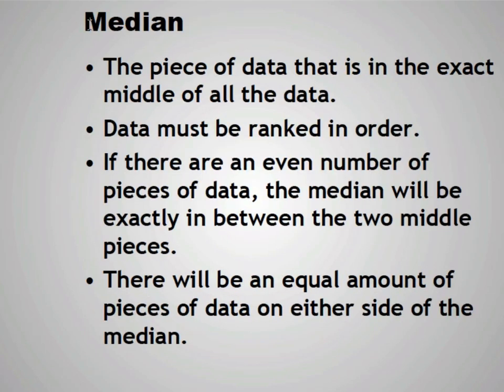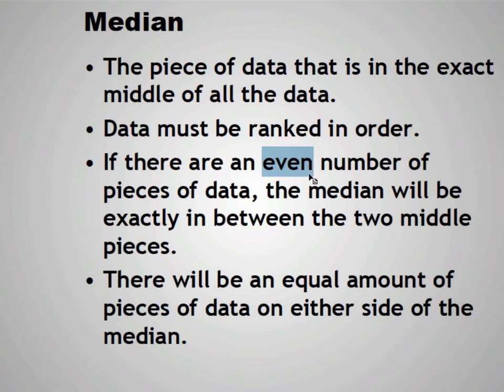The next one we want to talk about is the median. The piece of data that is in the exact middle of all the data is the median. To find the median, the data must be ranked, and that just means it needs to be in order. If there are an even number of pieces of data, the median will be exactly in between the two middle pieces.